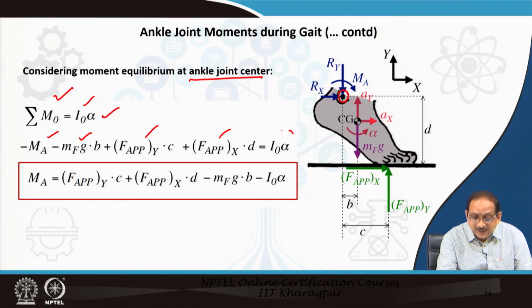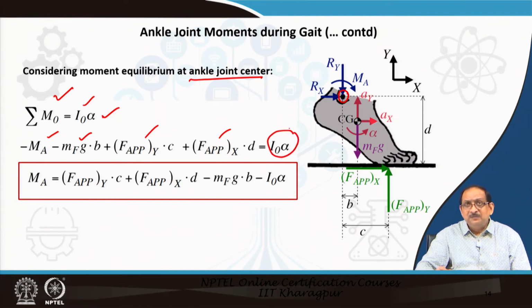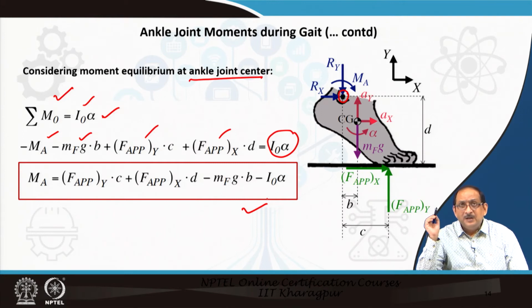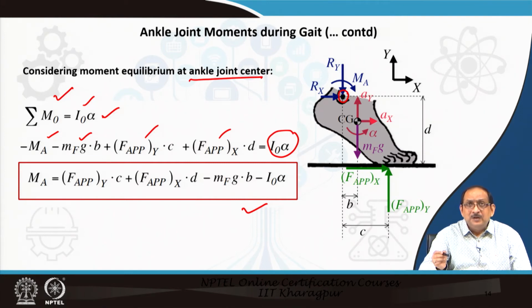On the right hand side of the equation, we have I0 alpha. So, we can easily find out now the Ma in terms of the ground reaction forces, the weight of the limb segment, and the moment of inertia and the angular acceleration.